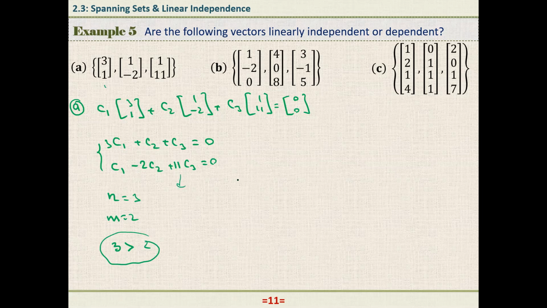So these three vectors, let's call them u1, u2, u3, are linearly dependent vectors.